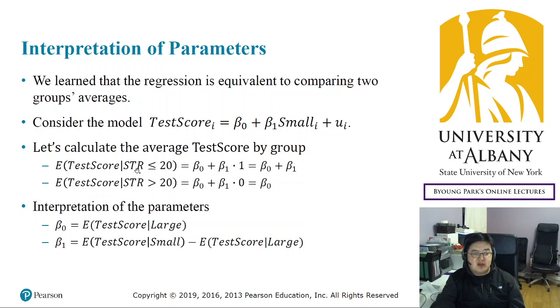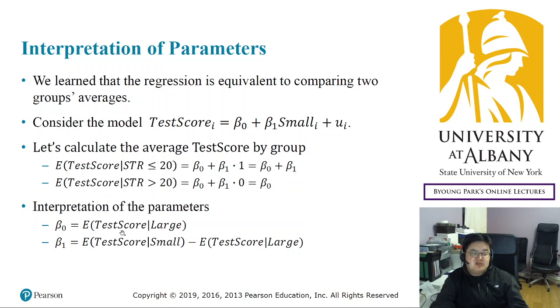Then it is clear you have two averages calculated from the data, small class group and large class group, and you have two parameters, beta 0 and beta 1. The relationship between the two averages and the two parameters is given by this.